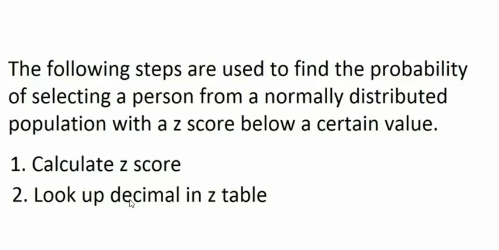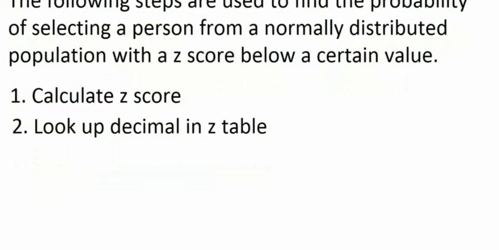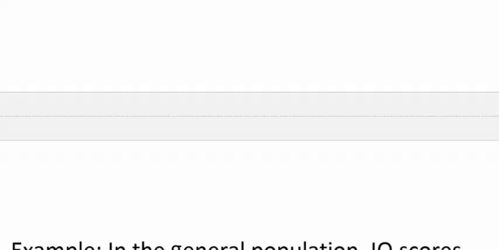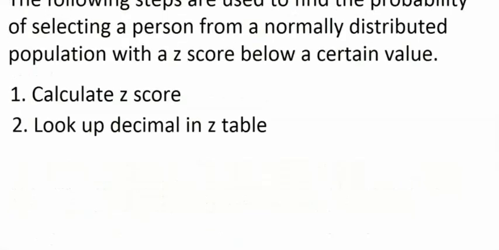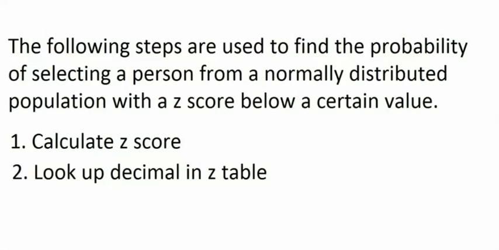The answer is a decimal, and that's the probability that you're looking for. So it's a two-step process. I was about to tell you the steps for an above question, but before I do that, let's go through just maybe one example of a below problem before we move ahead.